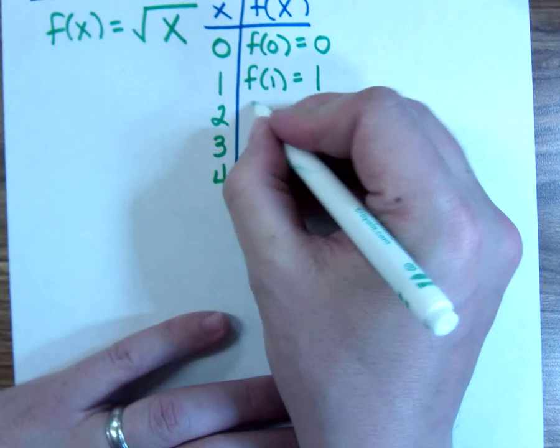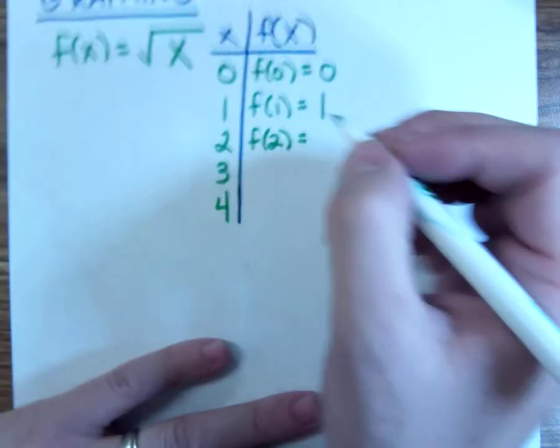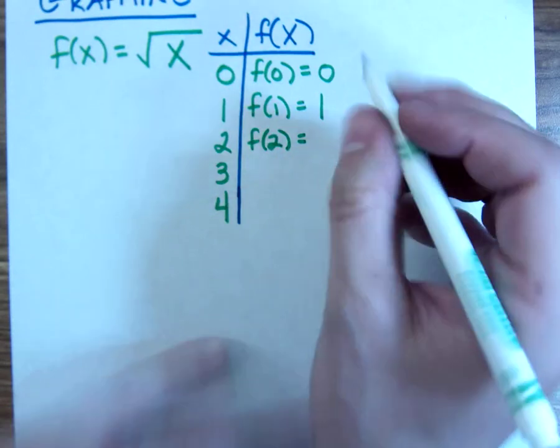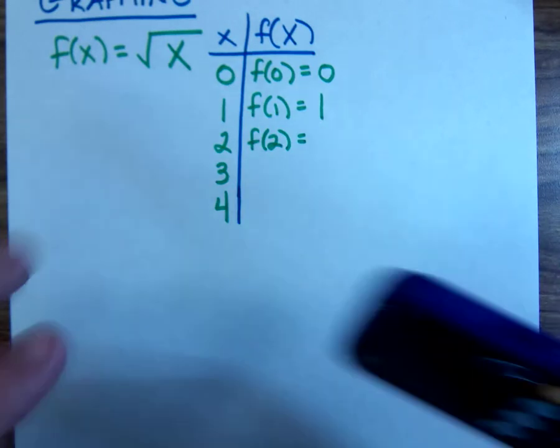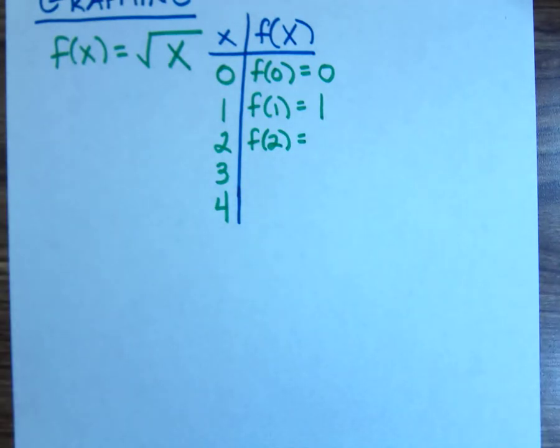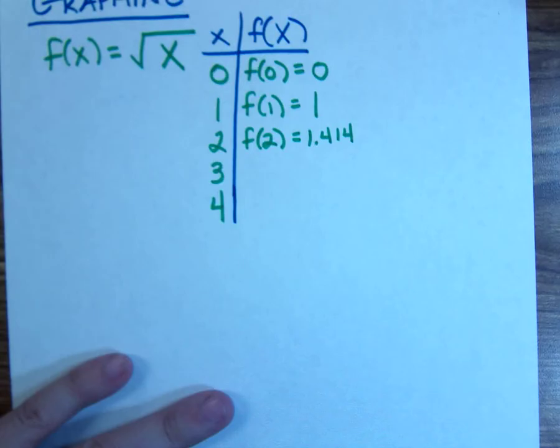1. What's the square root of 2? That one's a little worse. We're going to have to actually use our calculators here because 2 doesn't come out to be a nice number. So let's go to the calculators. 1.414. Okay.